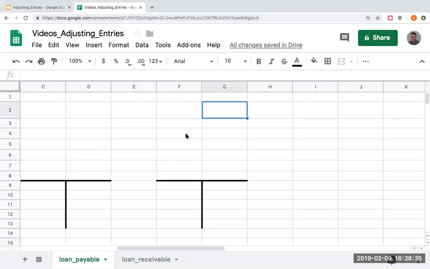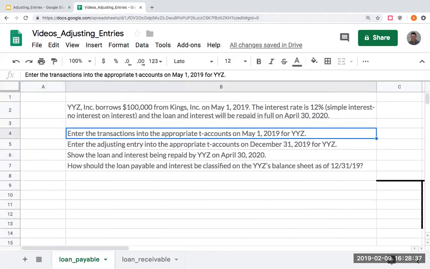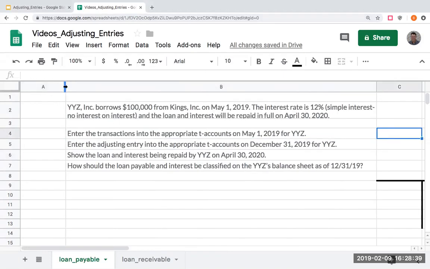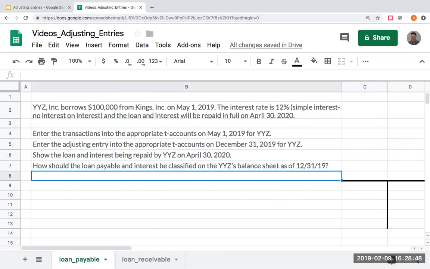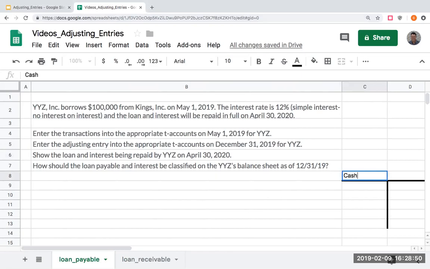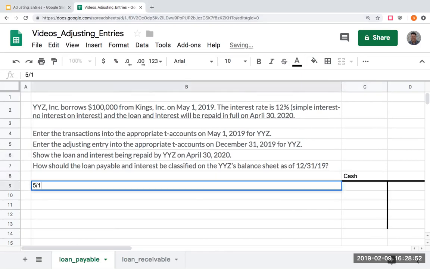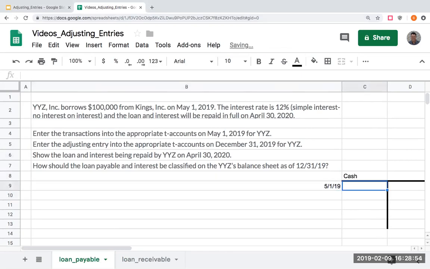So over here, we're going to enter these transactions. YYZ has borrowed $100,000. So when we're looking at this journal entry on May 1st, we're going to get cash, which is going to be 5/1/19 of 100,000.